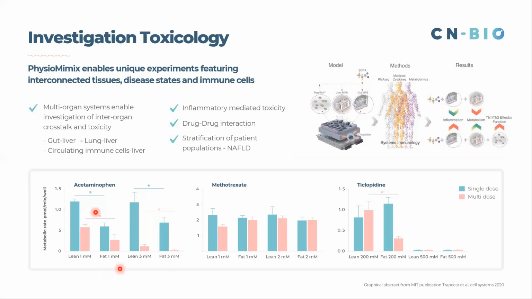And these kind of observations mirror what is seen clinically, but it's very difficult to then go and interrogate and understand. And so by setting up the platform in a number of different ways, we can really ask detailed mechanistic questions about the causes of toxicity, and potentially some of this data can inform clinical trial design and patient stratification to think about what toxic doses might be when you take them into the clinic.